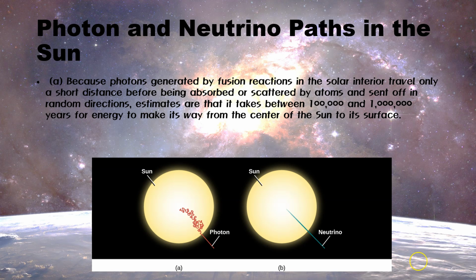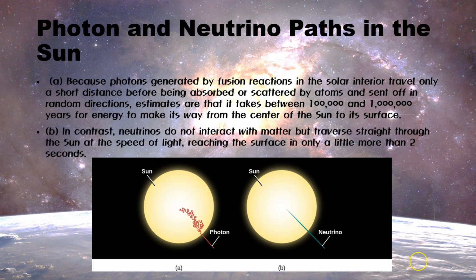So it's estimated that photons of light take anywhere between 100,000 and 1 million years for that energy to make its way from the center of the sun all the way to the surface. In contrast, neutrinos do not interact with matter. Remember, they're antimatter particles. So they tend to traverse straight through the sun at close to the speed of light and can reach the surface in a little more than 2 seconds.